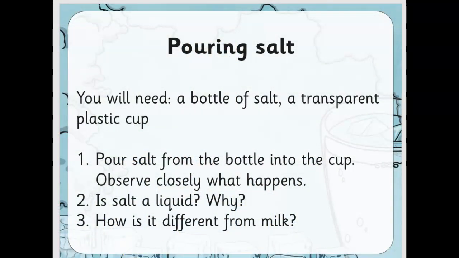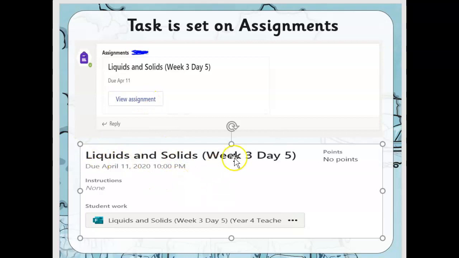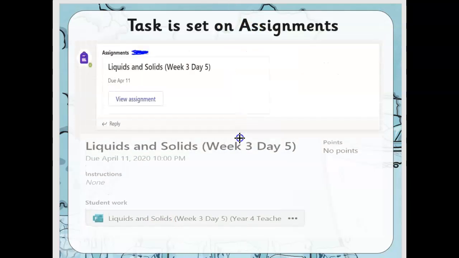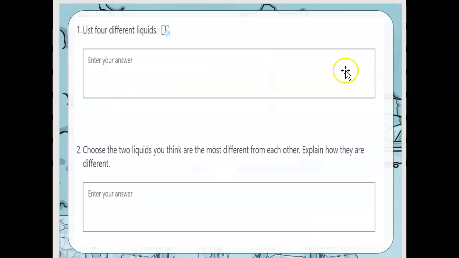Now it's time for your task. I have already assigned your task in your assignments. When you click on view assignment, it will open a window like this. You have to click on this form, and it will direct you to the questionnaire. There are 4 questions that you need to answer.